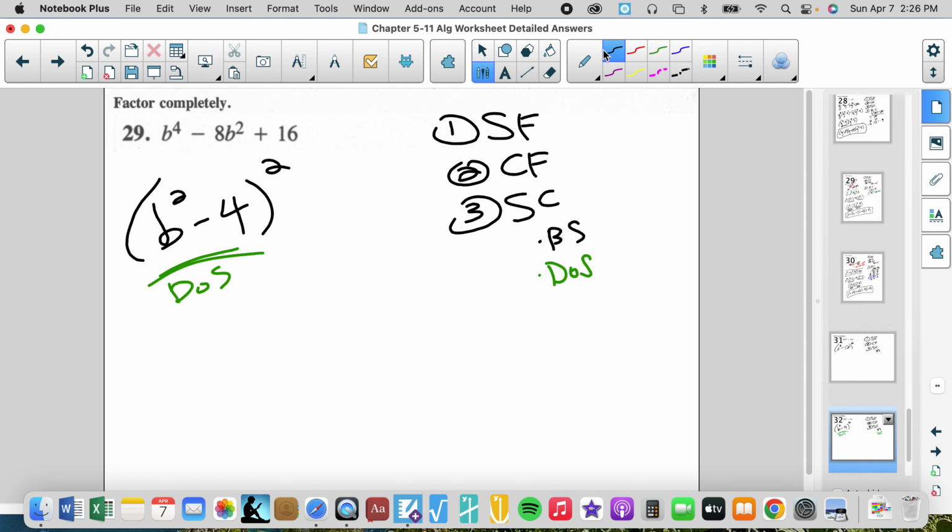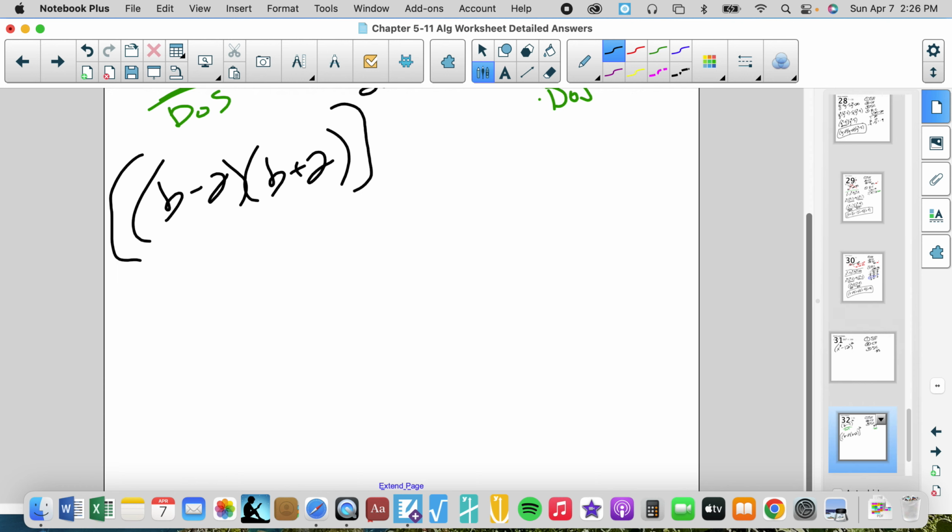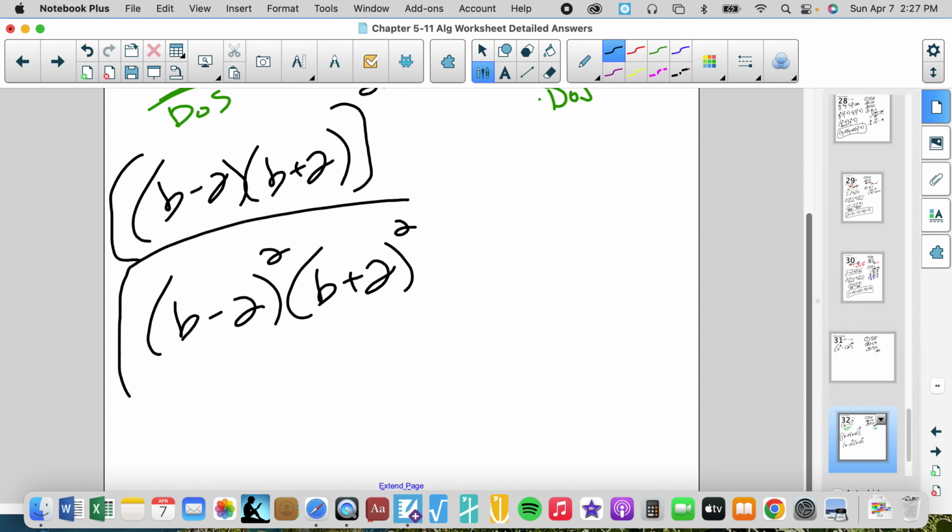So this is going to be b minus 2, b plus 2, and we're going to have quantity squared because we have 2 of them. And I would just write this as b minus 2 quantity squared, b plus 2 quantity squared. All right, that's a good trick one.